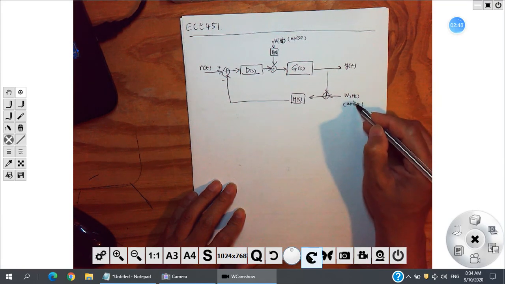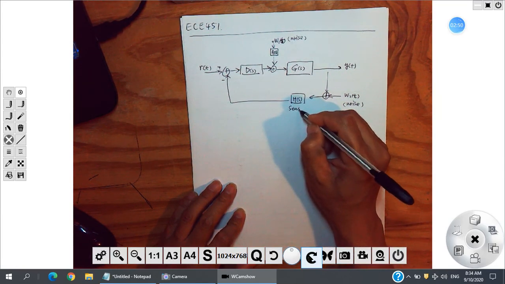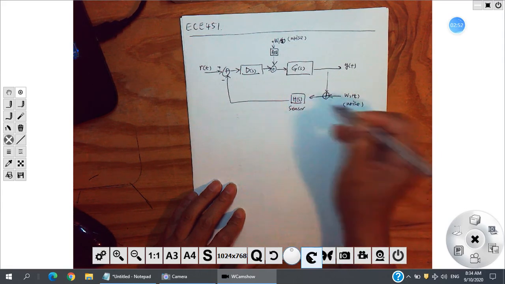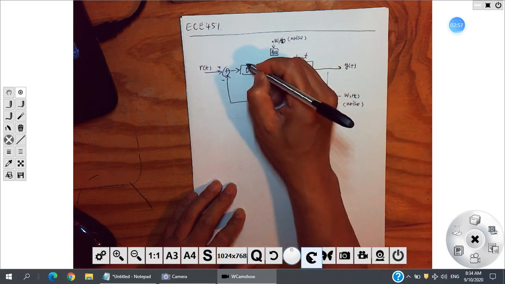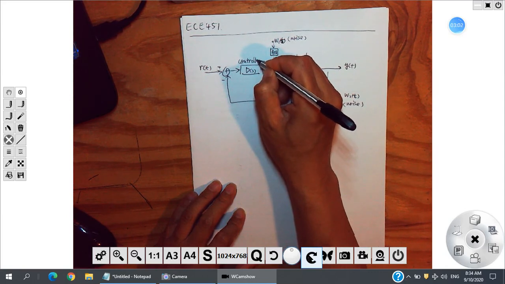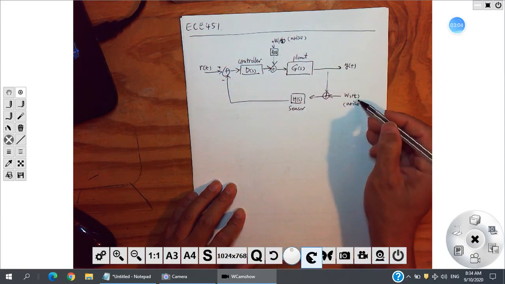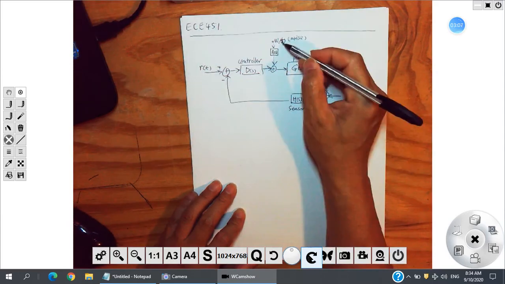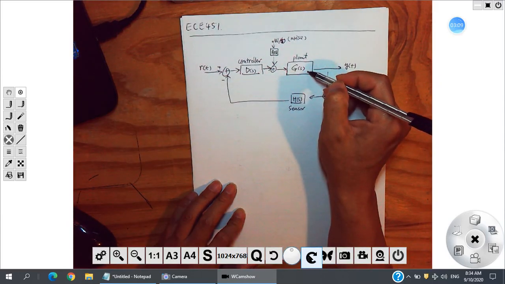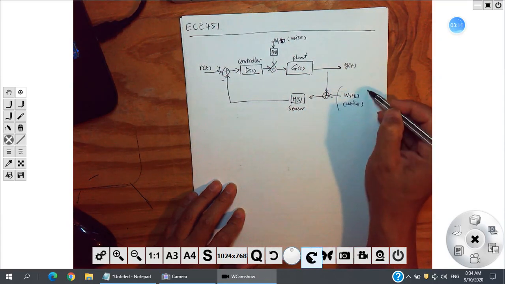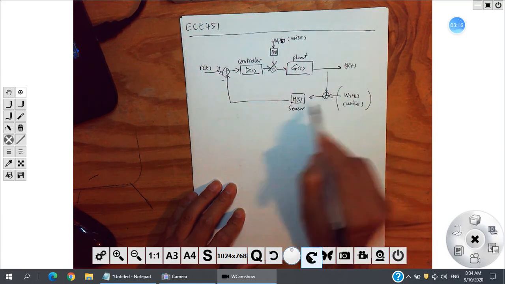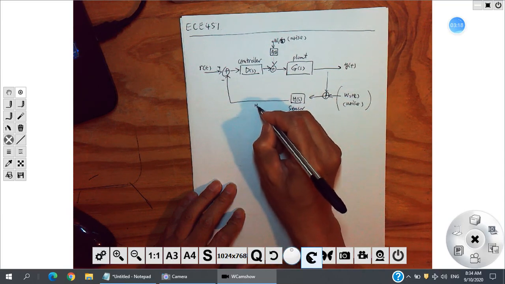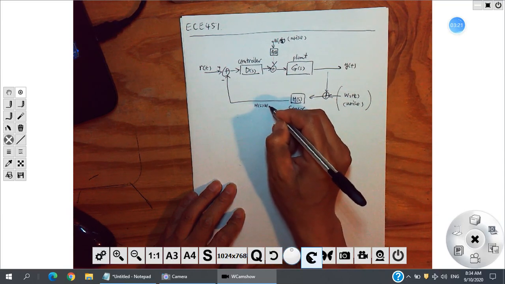This noise goes to the sensor. This is the sensor, here's the plant, and this is the controller. So this noise goes to the sensor, and this noise goes to the plant. But in most cases, you just think W2 is part of W1. W2 goes to here, you have H of S times W2 of S.